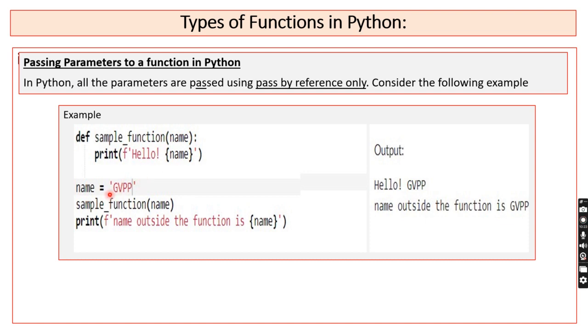In the parameter we are initializing the value as GVPP. So first this line is executing, hello GVPP. Next, after the function call, we are using this statement: name outside the function is GVPP. So this is passing parameters to a function in Python.